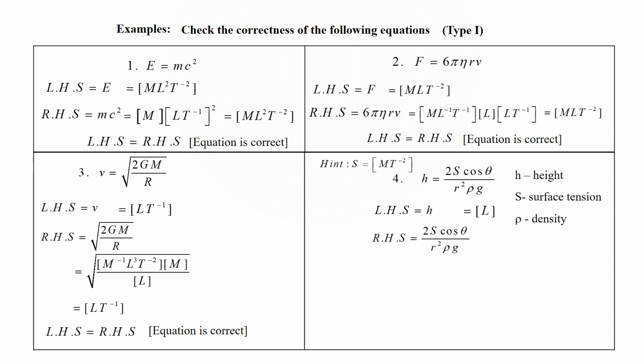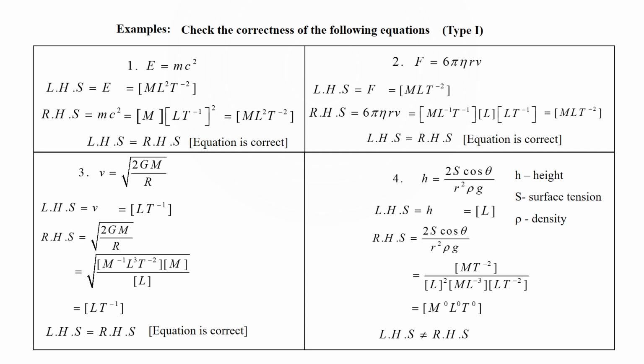Cos theta is a trigonometric ratio, no dimension. So the numerator is only surface tension, MT^-2, divided by the denominator. r square is L square, density is ML^-3, and g is LT^-2. On solving, we get M^0 L^0 T^0. You can check this here. So LHS and RHS are not equal, so it's not dimensionally correct.